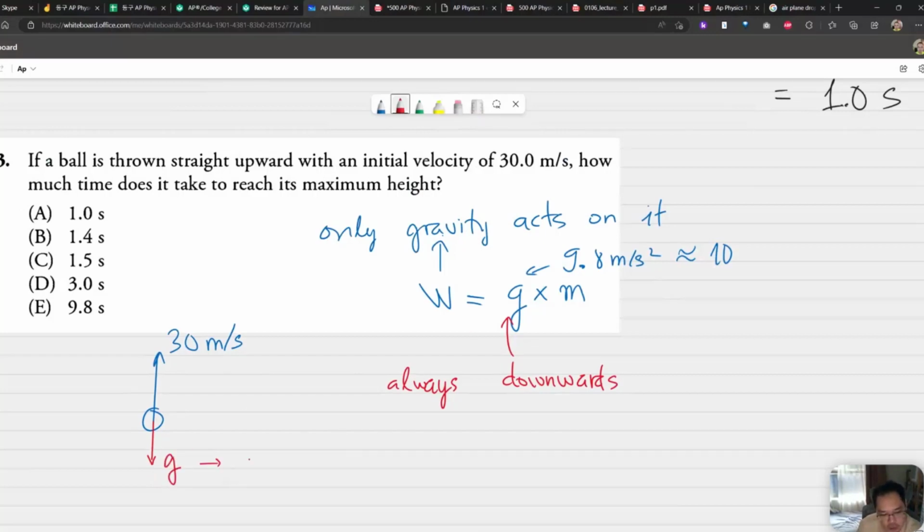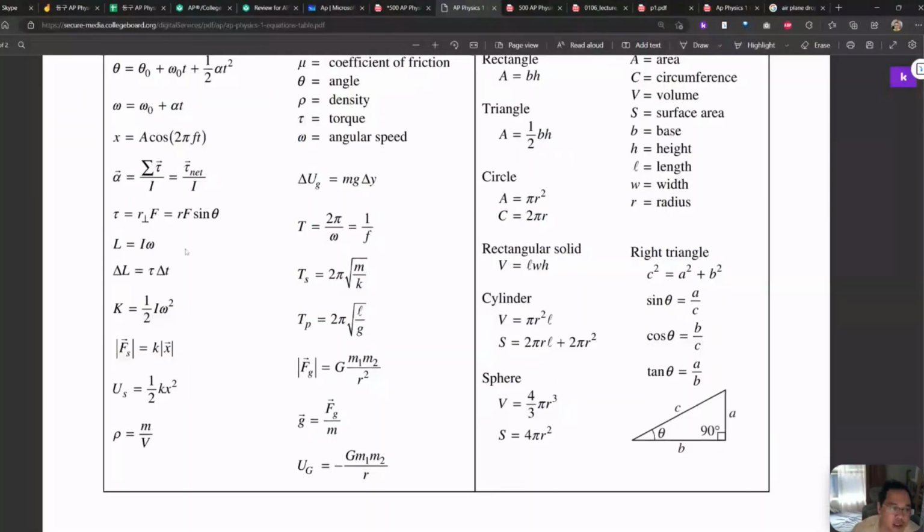It will slow down the motion, making v decrease, by approximately 10 meters per second each second. It means from 30 meters per second it decreases to 20 in 1 second, to 10 in another second, and to 0 at the top after 3 seconds. Okay. 3 seconds.